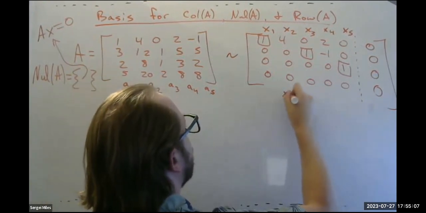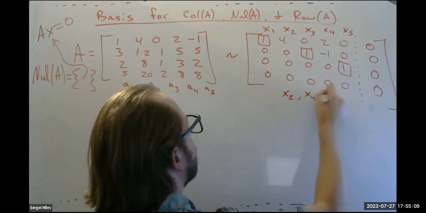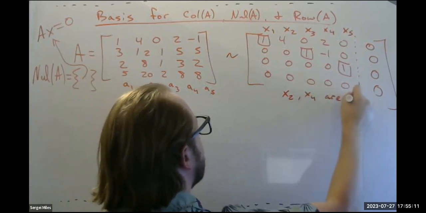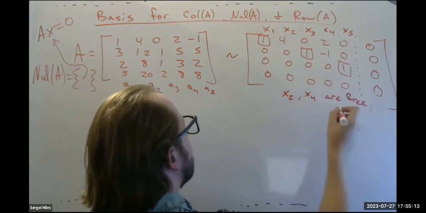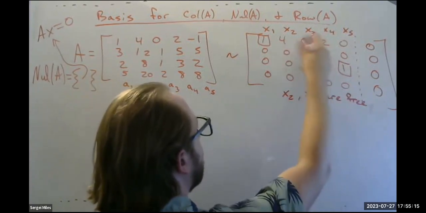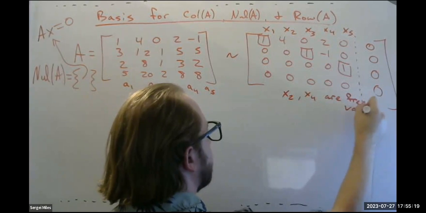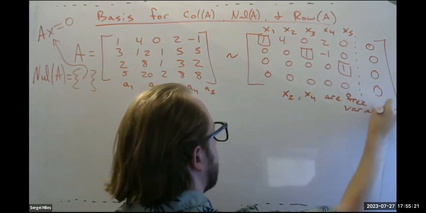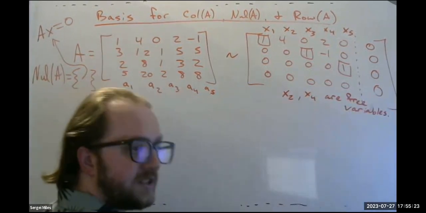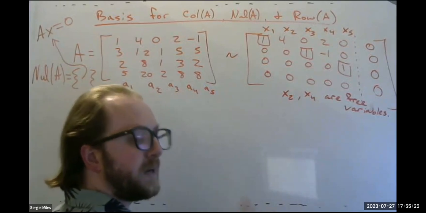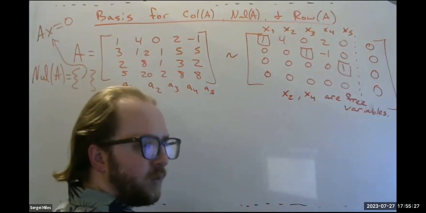All right. So what am I getting at? Well, we can see right away x2 and x4 are free because there are no pivots in those columns. They are free variables. Okay, so only x2 and x4 should appear in the parametric vector form, right?